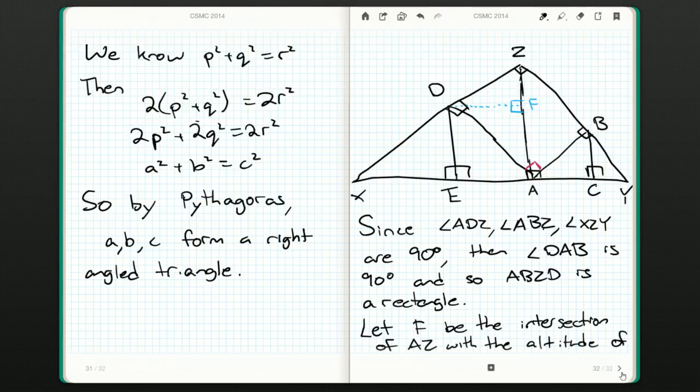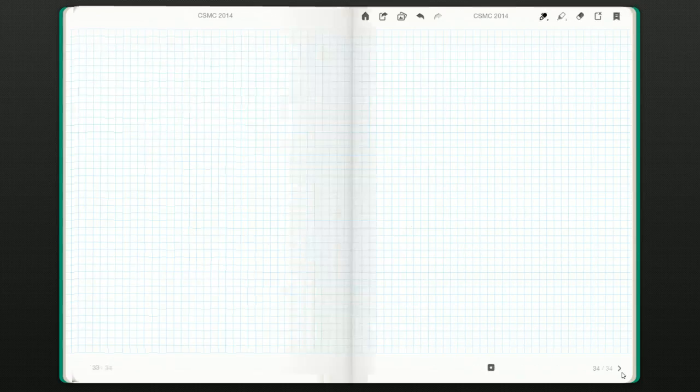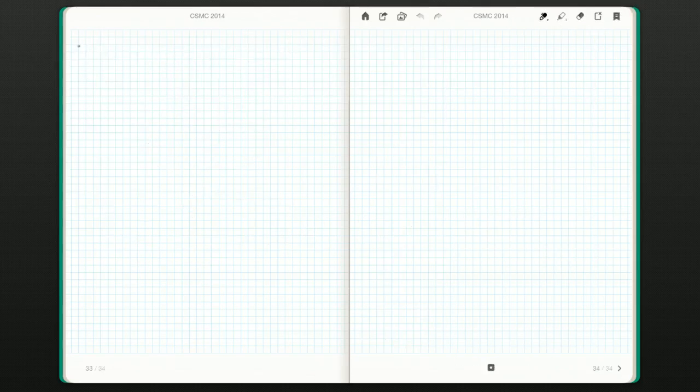So we're going to let F be the intersection of the altitude of DAZ, the altitude coming from D. Okay.